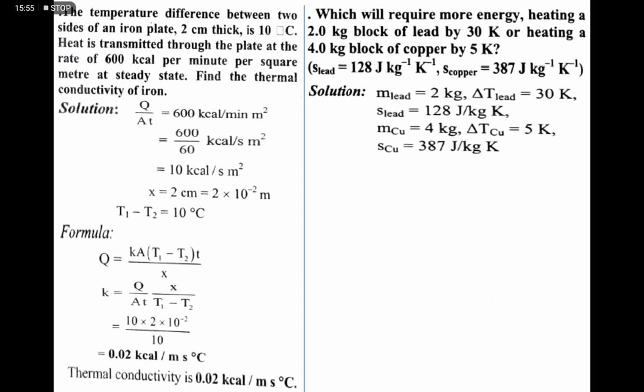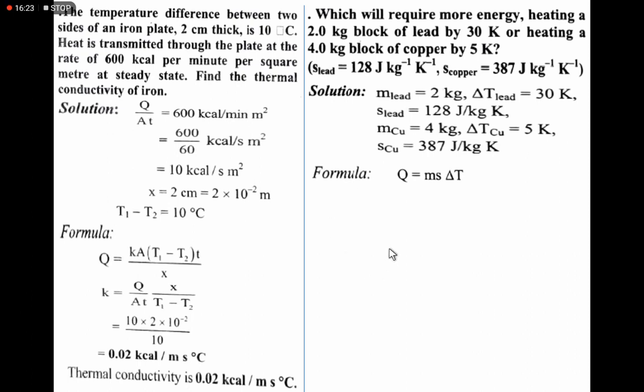Same thing is there for copper. Mass of the copper is 4 kilogram and difference in temperature is 5 Kelvin. Specific heat of the copper is 387 joules per kilogram Kelvin. Now, as I said, we have to use the formula Q is equal to m s delta T.